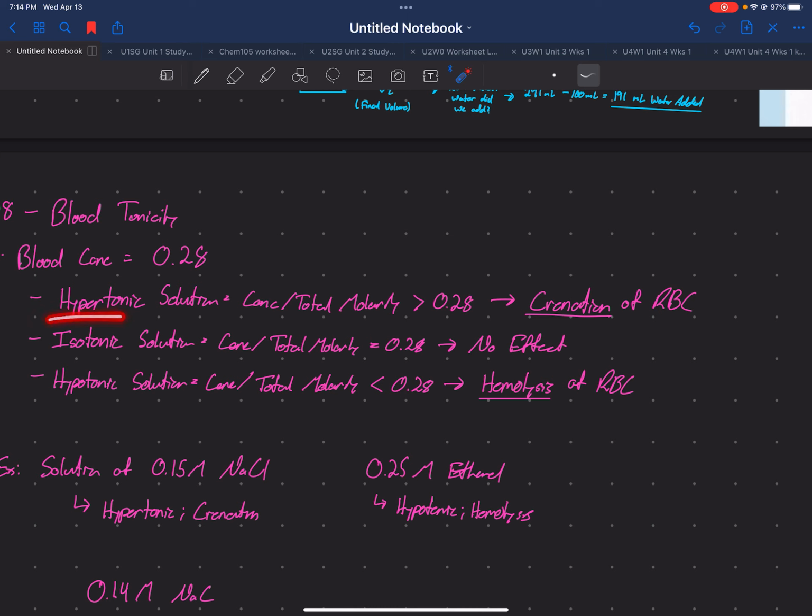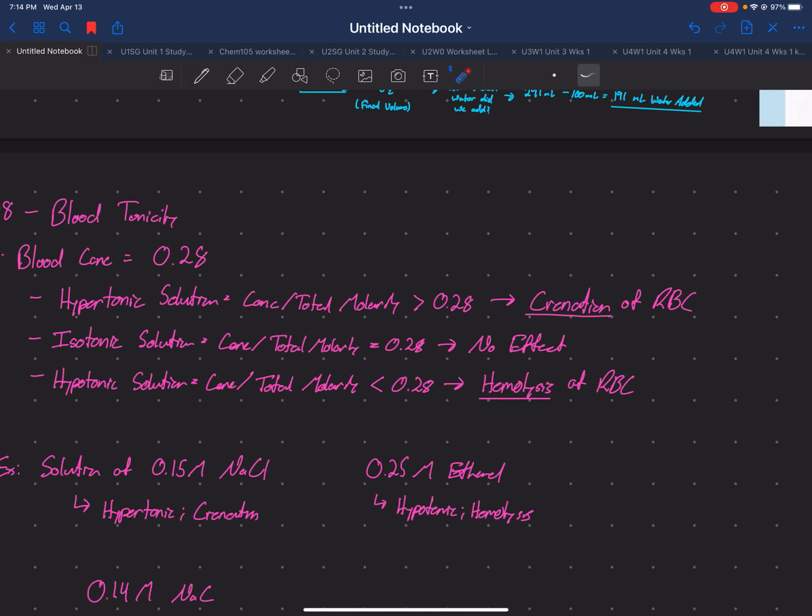Hypotonic would lead to hemolysis. I'm not sure how you want to remember that, but hyper leads to crenation, hypo leads to hemolysis, isotonic doesn't do anything. So the main focus is on hyper and hypo.